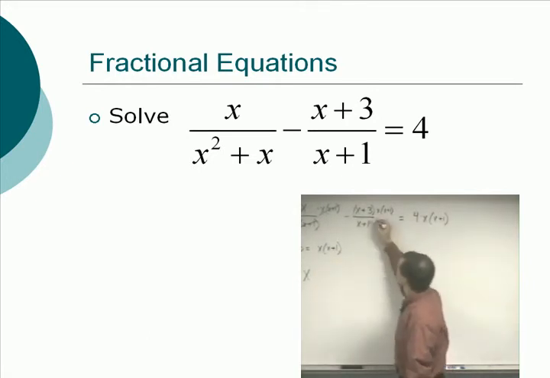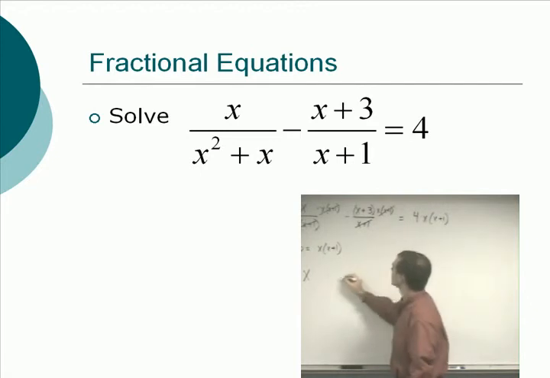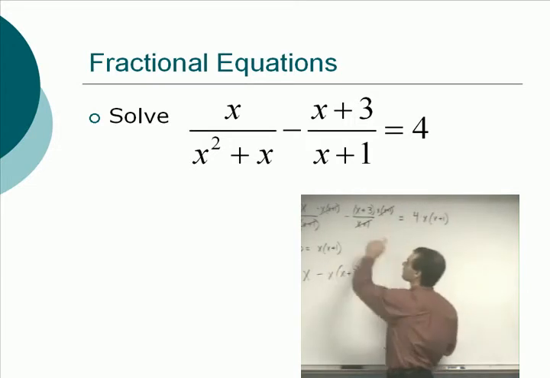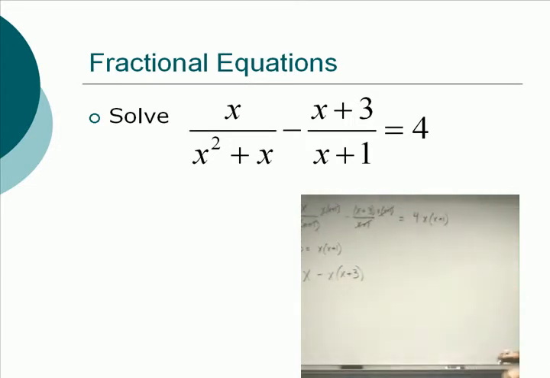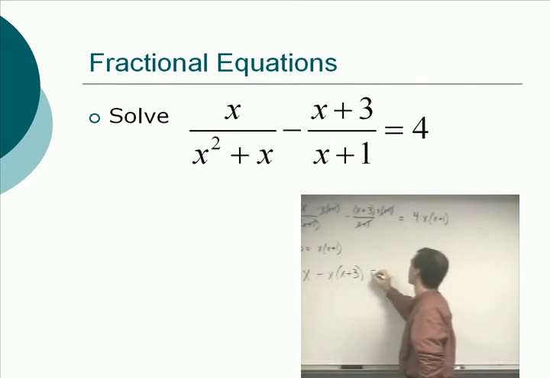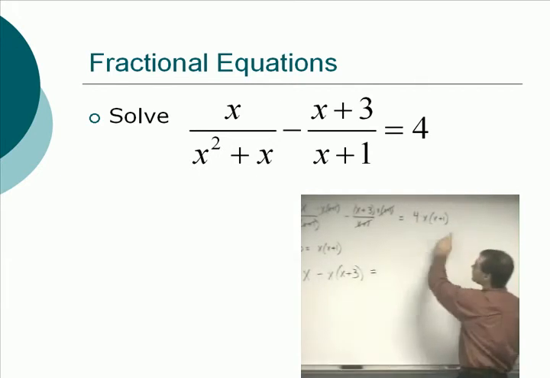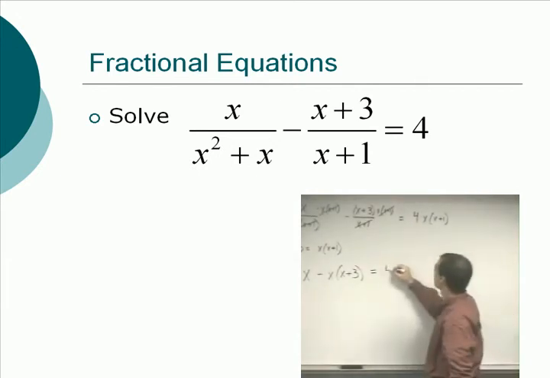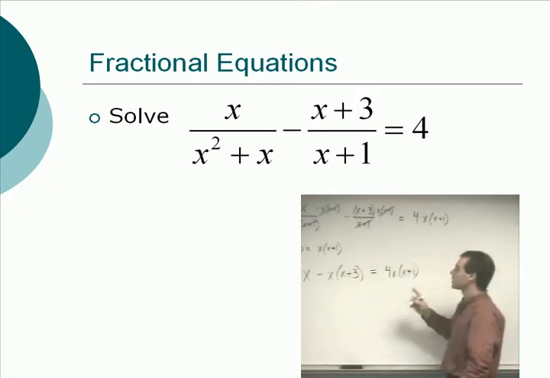This term becomes minus x times x plus 3. Don't lose that negative sign. And our last term becomes four x times x plus 1. There's our quadratic equation. Now we just need to solve that.